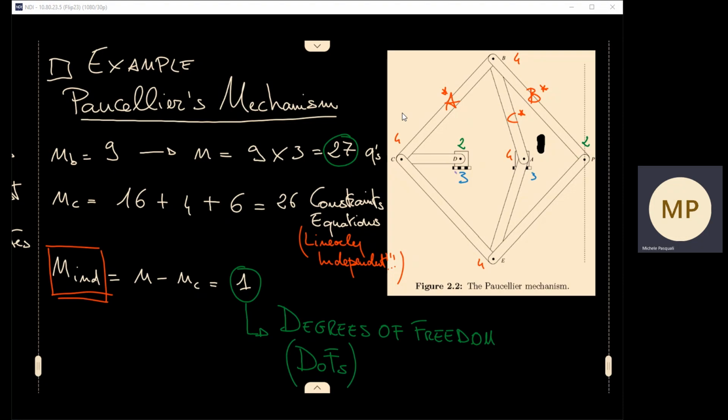Now, depending on the number of degrees of freedom, we can typically discriminate a structure and a mechanism as well into 3 different categories that you have already seen multiple times. So, if the degrees of freedom of one system is 0, what does it mean?